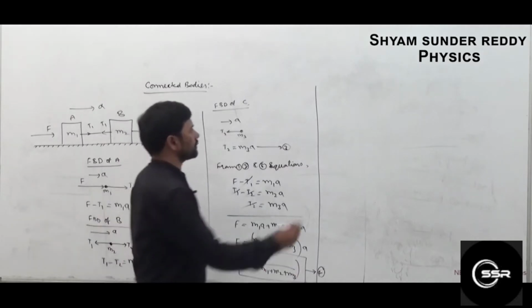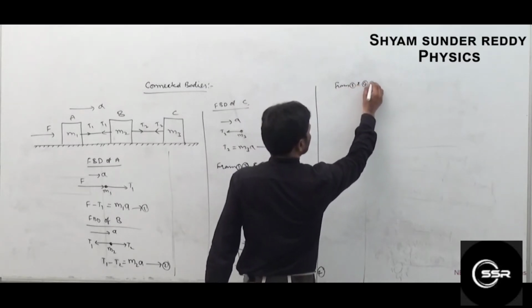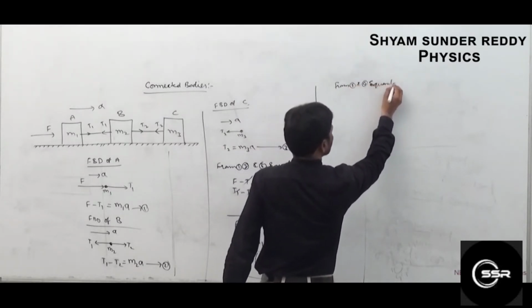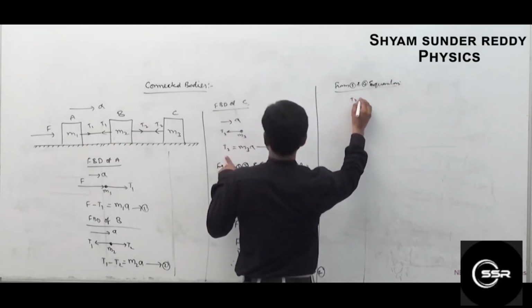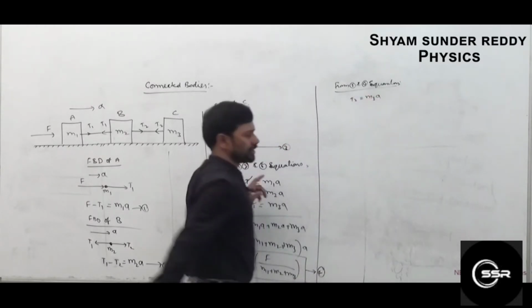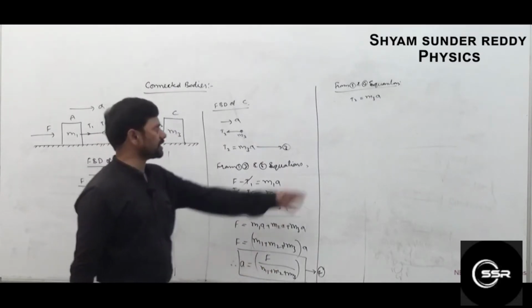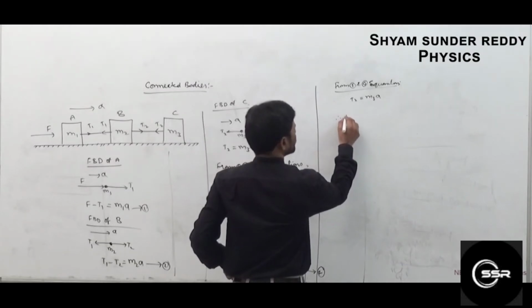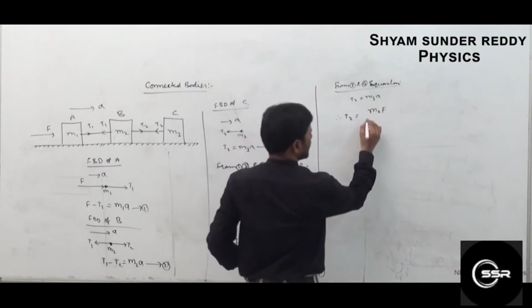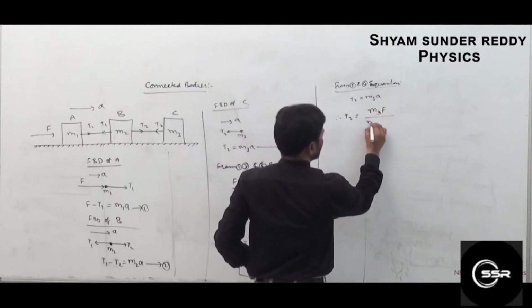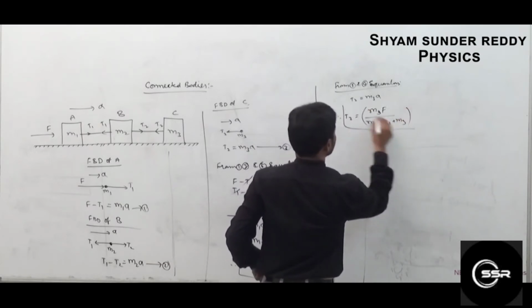From the third and fourth equations, the third equation is T2 is equal to M3A, and A is equal to F by M1 plus M2 plus M3. Substitute this value in the place of A. Therefore, T2 is equal to M3F by M1 plus M2 plus M3. This is the tension T2.